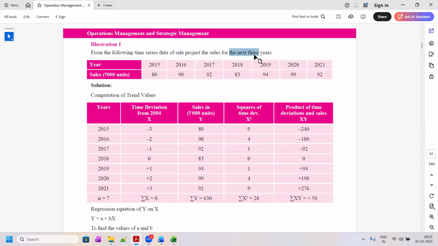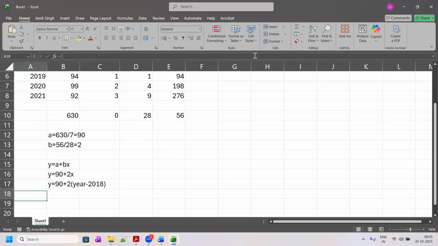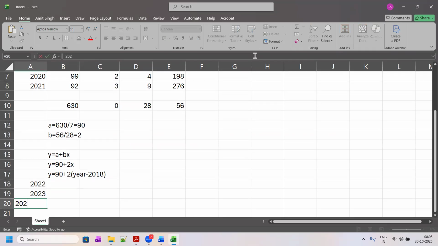Next 3 years मतलब 2022, 23, 24. So the next 3 years are 2022, 2023, 2024. So what is the sales of 2022? It is 90 plus 2 into, what is your year, 2022 minus 2018. So this is the sales of 2022.